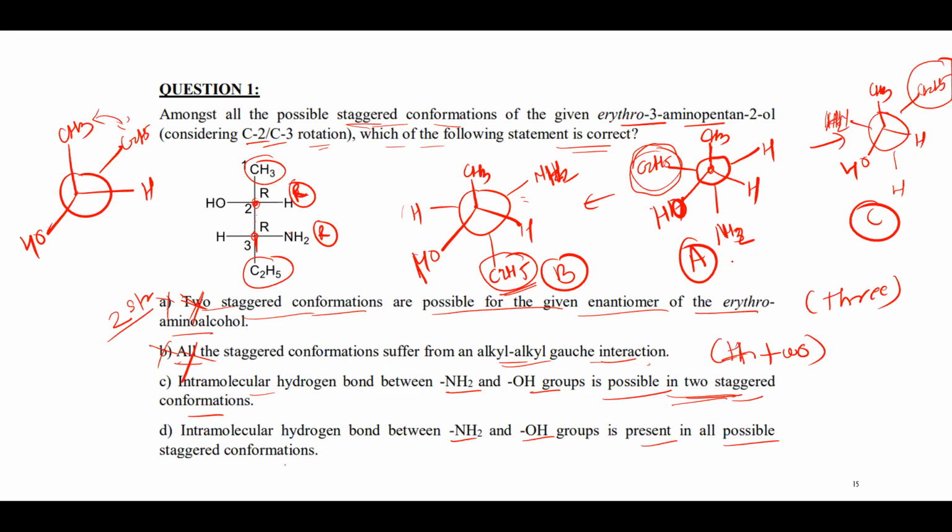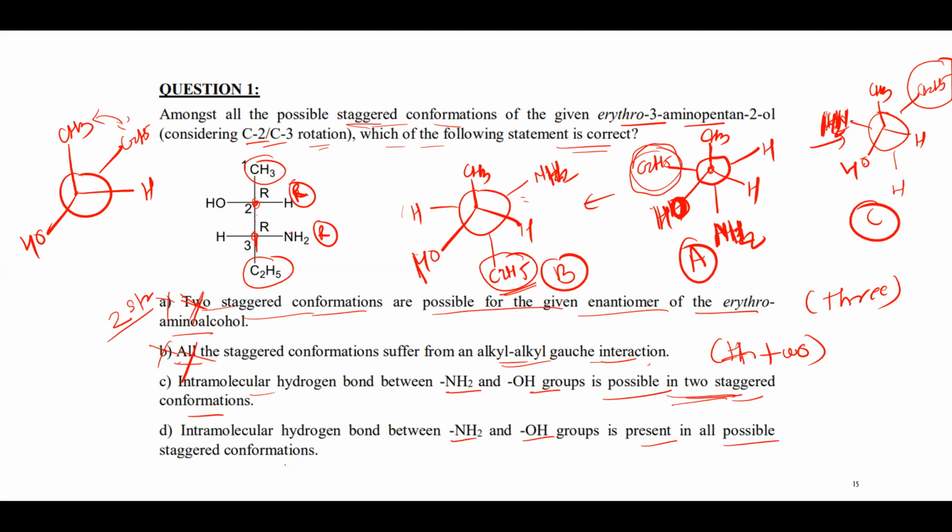If you see structure A, in this the hydroxy group and this NH2 group are gauche to each other. So there is a possible intramolecular interaction in this A structure. And if you look at the C structure, there is also this NH2 and hydroxy group, they are close to each other.